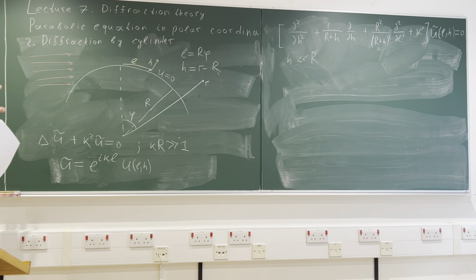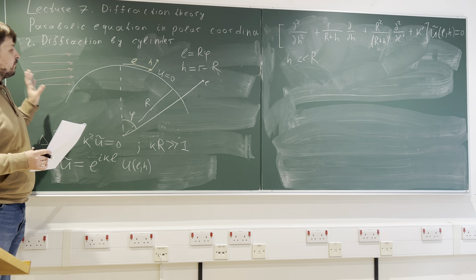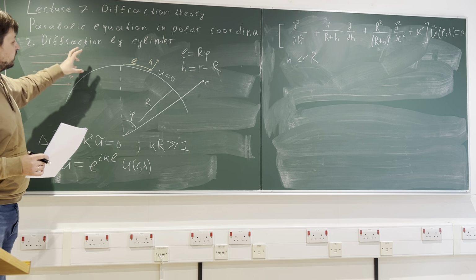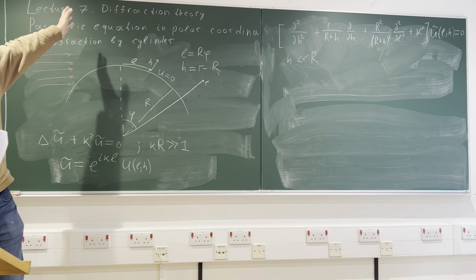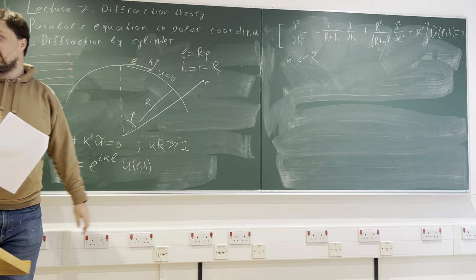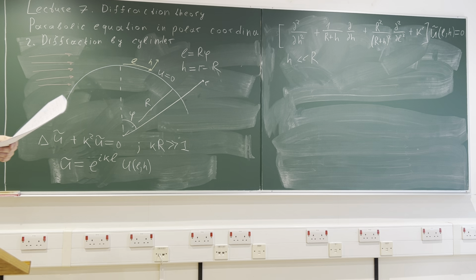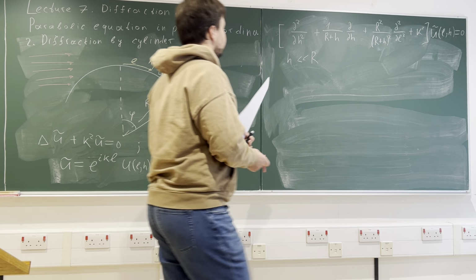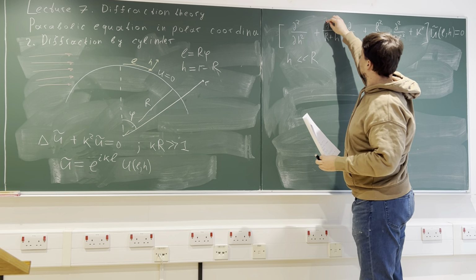So I suppose that all the complicated diffracted field will live somewhere around the surface of the cylinder. And if I go far away, I will just have a plane wave propagating straightforwardly, almost unaffected. So R is very big.